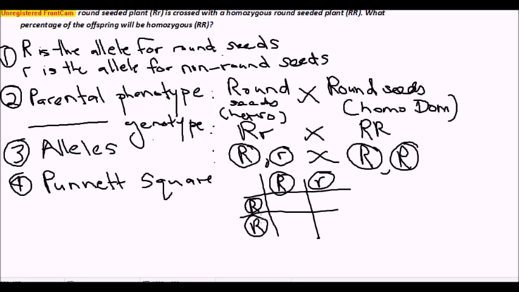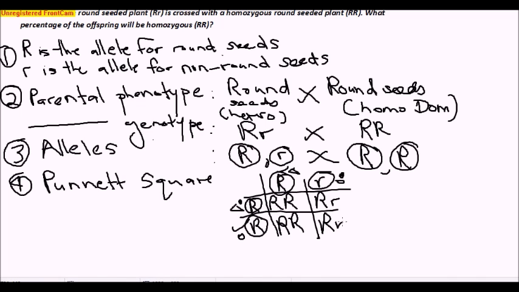Okay, so you're going to have big R, this and this one together. Again, big R, right, then big R, small r, then big R, small r again.